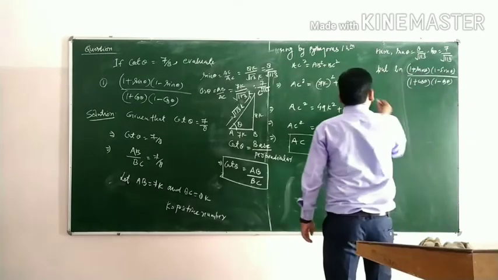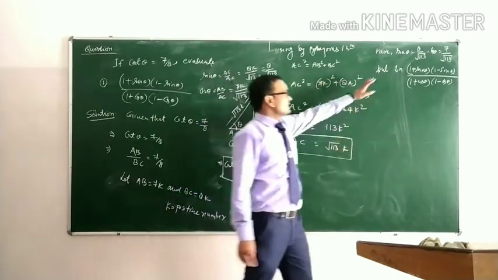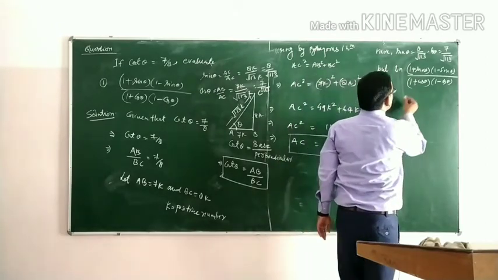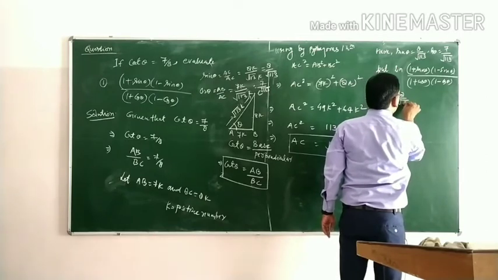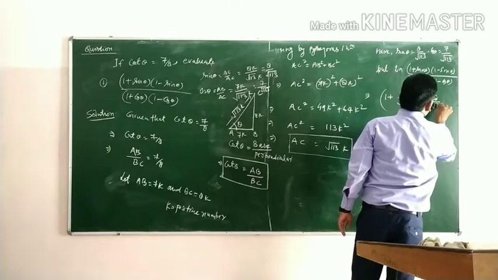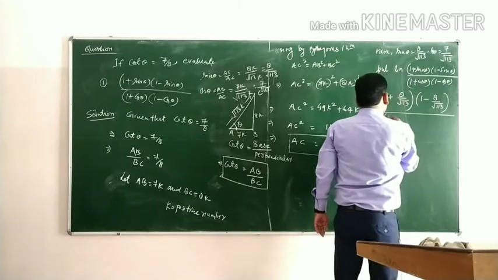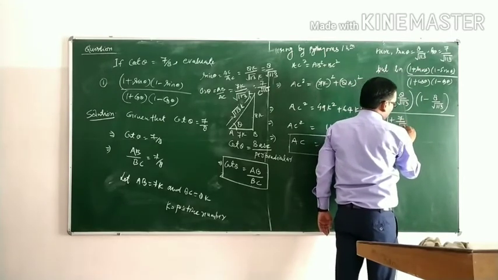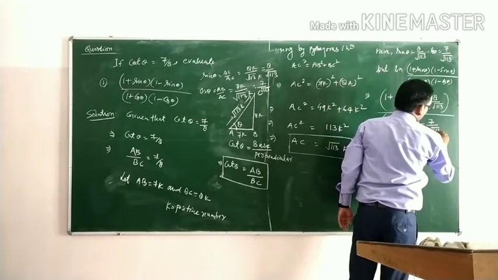We put the values of sin theta and cos theta: 1 plus 8 upon square root 113, 1 minus 8 upon square root 113, upon 1 plus 7 upon square root 113, 1 minus 7 upon square root 113.